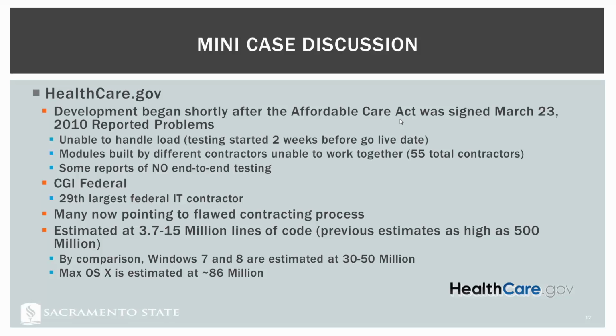Which means that this system was perhaps as much as half as complex in terms of lines of code as Windows. And that is very, very complex for a very short-term project for a federal contractor that perhaps isn't that sophisticated. And so anyway, this is an example of a systems development project that was what we would call challenged.